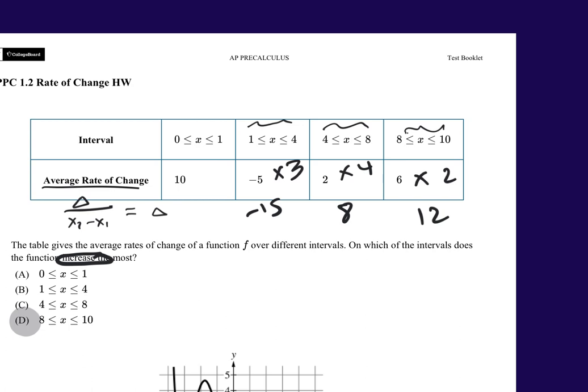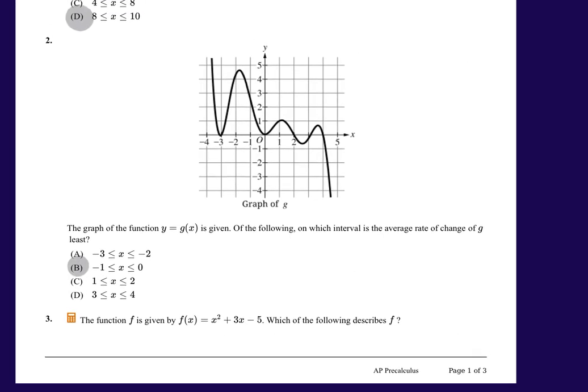Okay, so then this one says of the following, which interval is the average rate of change the least? It doesn't say a positive rate of change or a negative rate of change. So when you're going from -3 to -2, we did this yesterday, we estimated that to be like a 4.5. And then from -1 to 0 appears to be a difference of like -2.5.